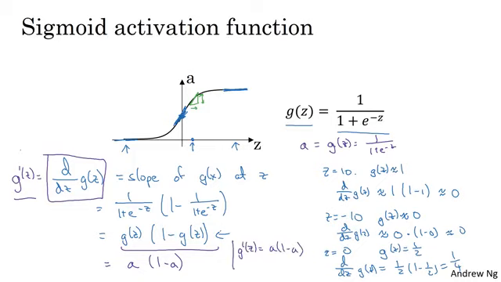And that just refers to the observation that g prime, which just means the derivative, is equal to this over here. And the advantage of this formula is that if you've already computed the value for a, then by using this expression, you can very quickly compute the value for the slope g prime as well. Alright, so that was the sigmoid activation function.